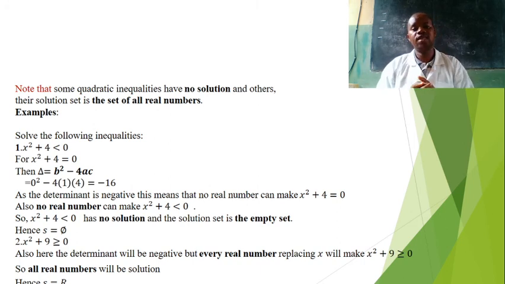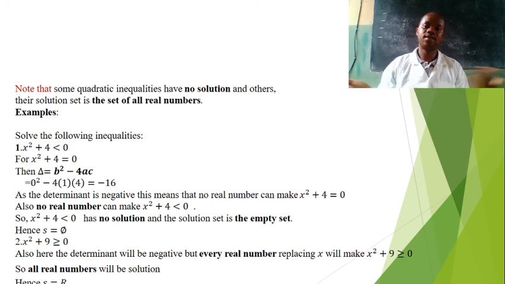It means that you cannot find any number to replace x such that x squared plus 4 is less than 0. The answer will always be a positive number, and you know that there is no positive number which is less than 0.